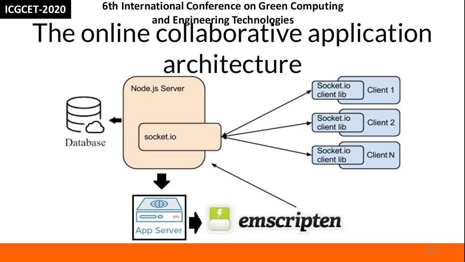Many users could interact, like client 1, client 2 and client N. All of them interact in coding a file, and this file is sent to the Node.js server or any other web server through Socket.io, and it is compiled internally on the web server with Emscripten, and then the HTML and JS files are generated and presented back to the clients.